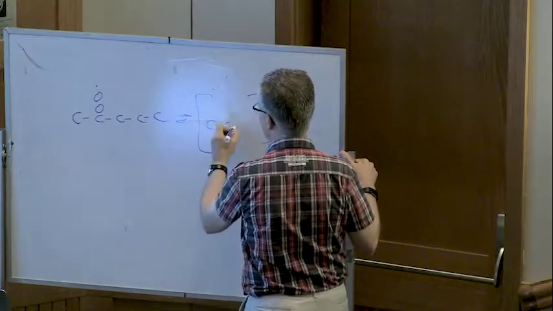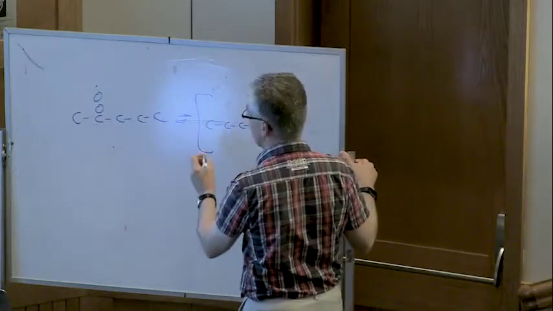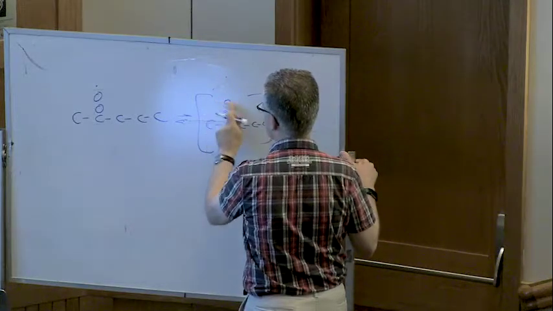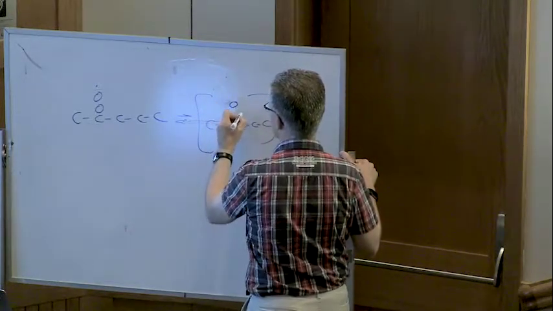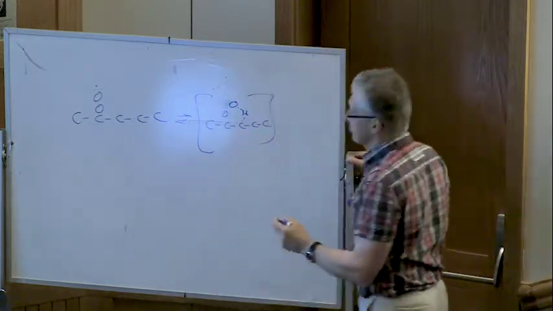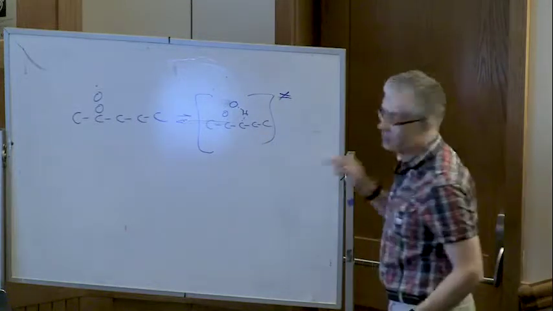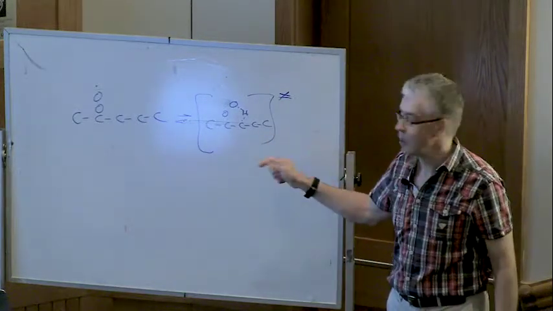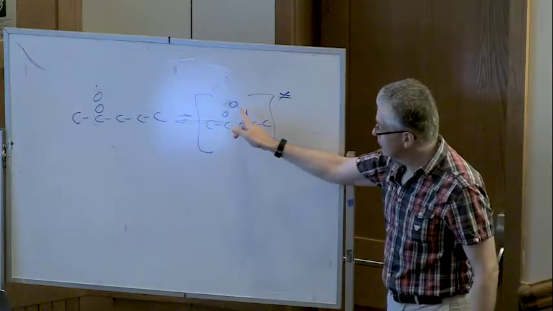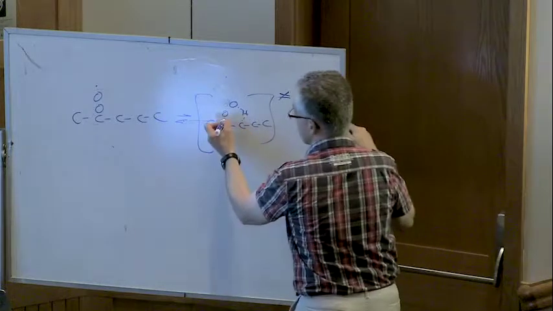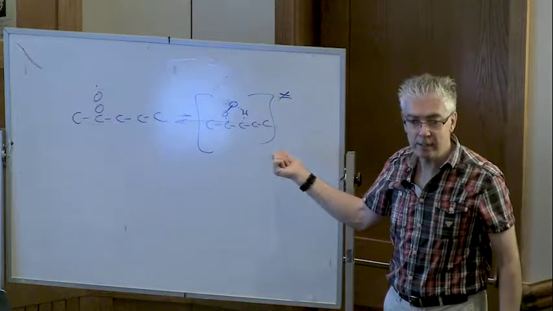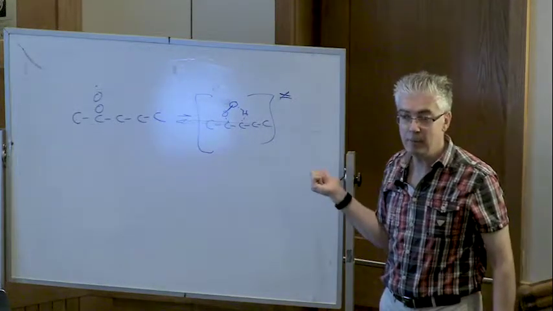So we have 1, 2, 3, 4, 5, and we have O, O. We have this transition state, but there's so much energy in the system that when the hydrogen is bonded here, we've got sort of a half bond, and there's enough energy that we get a concerted elimination.